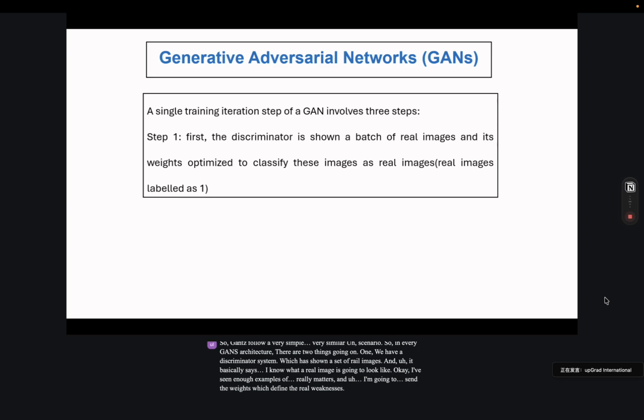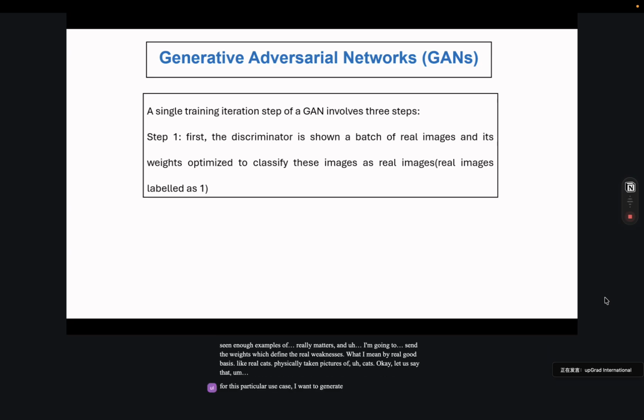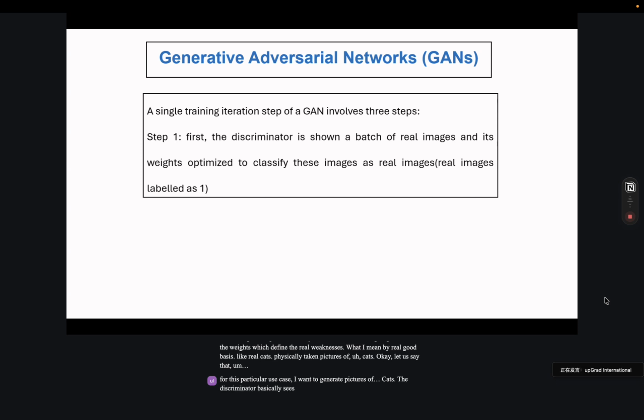What I mean by real images is real cats, physically taken pictures of cats. Okay, let us say that for this particular use case, I want to generate pictures of cats. The discriminator sees pictures of real cats, where people went and took pictures of cats and fed them to this network.